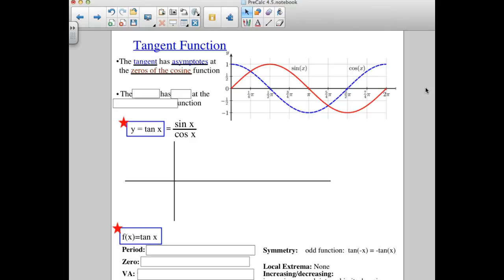So looking at this picture, our cosine graph is the blue one. Wherever we hit 0, we'd have an asymptote for tangent. Tangent has zeros where?